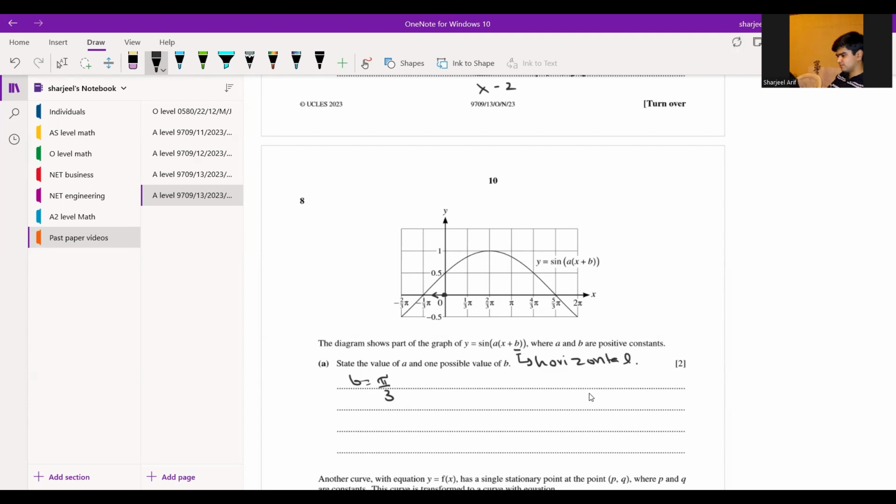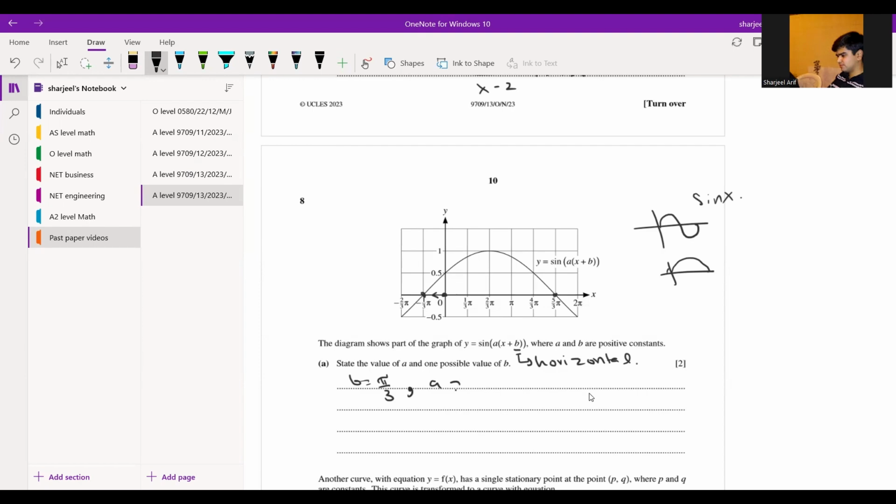So the graph should be like this if it's a graph of sin x, but it has covered only one loop till 2 pi, because 5 pi by 3 represents a horizontal movement of minus pi by 3 as well. So we will consider it from minus pi by 3 till 5 pi by 3 at an interval of 2 pi. So we will say it has only covered half of the part.